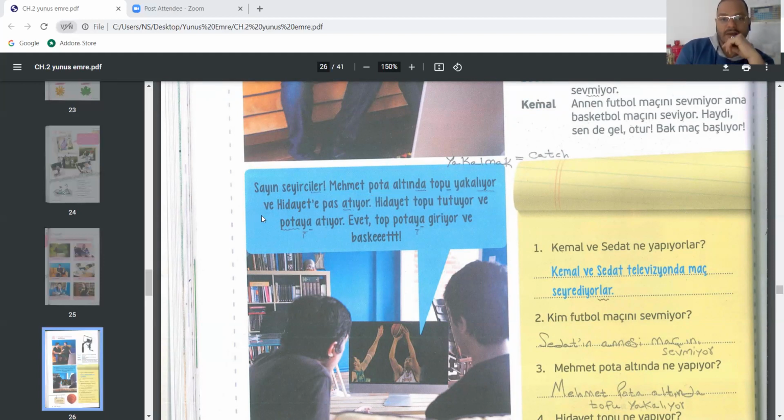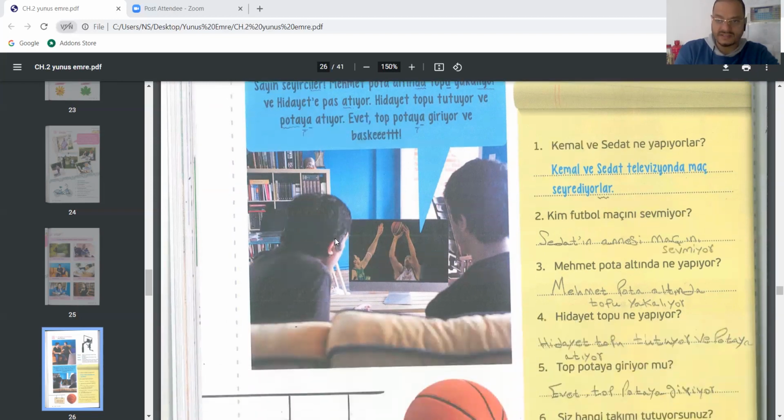Okay. Ve Hidayet'e pas atıyor. Pass is the same in English. Atıyor means give or throw. Hidayet topu tutuyor. Catch the ball again. Ve potaya atıyor. Evet, top potaya giriyor ve basket. Giriyor means goes through it. That means the player put a goal inside the basket. Kemal ve Saadet ne yapıyorlar?